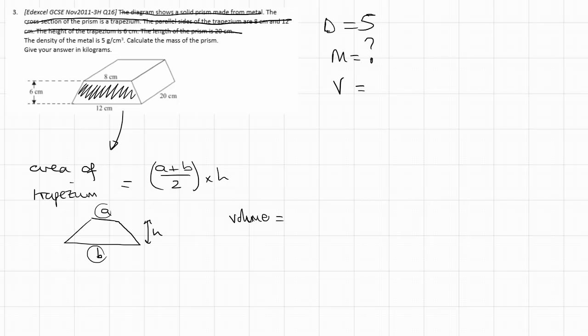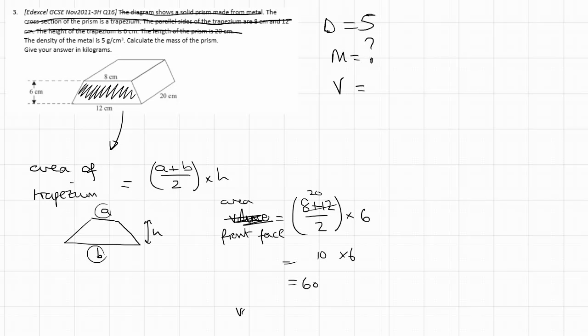In the case of my actual question, the area of the trapezium is going to be 8 plus 12 divided by 2 times by the height, which is 6. So this is just going to be the area of the front face. Do it in 2 steps. 8 plus 12 is 20, divided by 2 is 10, so that's 60.